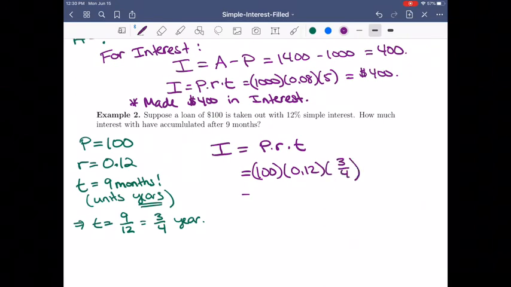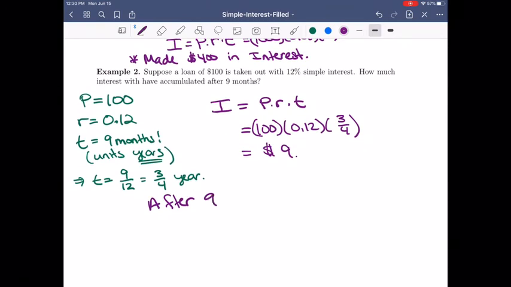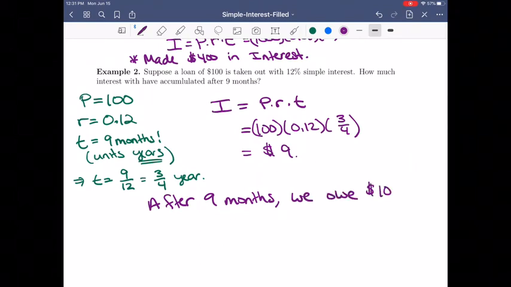If you compute that, you're going to get $9. Then if we wanted to know how much we owe after 9 months, we took out $100 and now there's $9 in interest, so we're going to owe $109 on our loan.